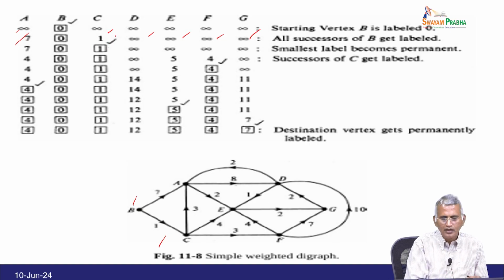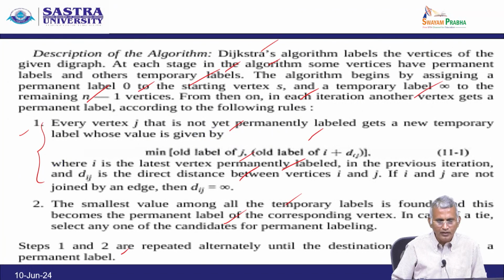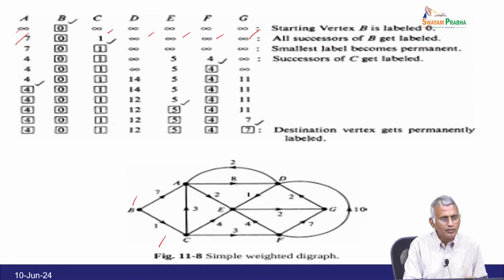It is 1, and then you apply the rule: the minimum of the old label of j, comma, the old label of i plus dij. The old label of i is 0, 0 plus 1 is 1, and compare with 0 plus 7, which is 7. Among these the minimum is 1, therefore you put 1 in the box.